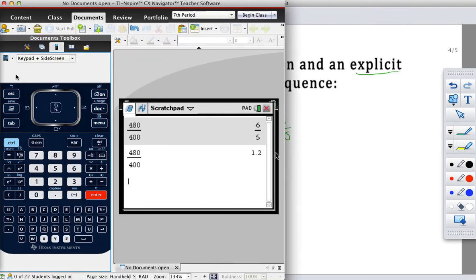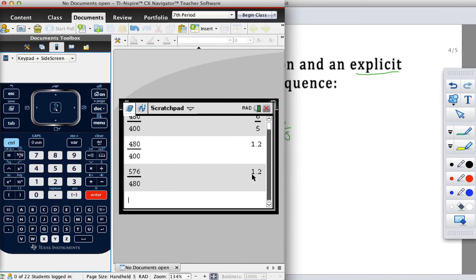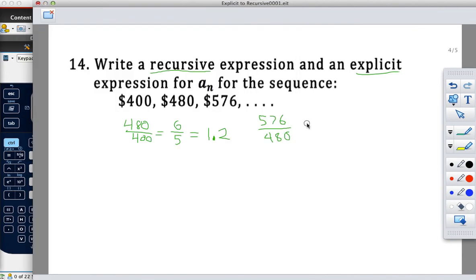Okay, let's check it out in the calculator. 576 divided by 480, and it gives me 1.2 again. So it does give me 1.2. This is my common ratio, so we're all good here. Let me go ahead and erase this so I have more space. So now I know my first term is 400. My common ratio is 1.2.